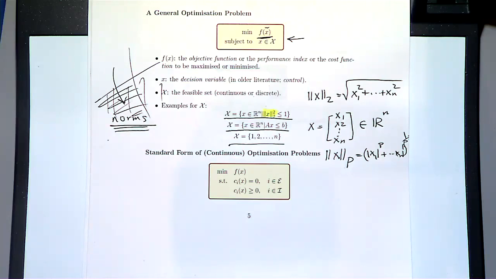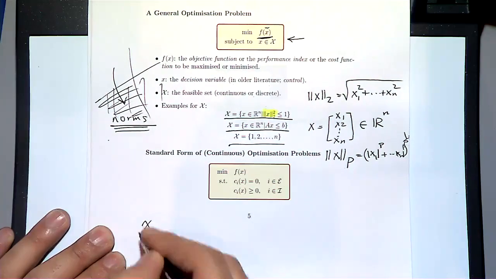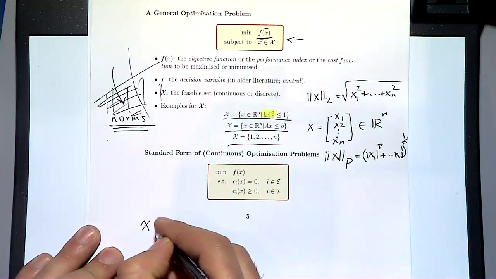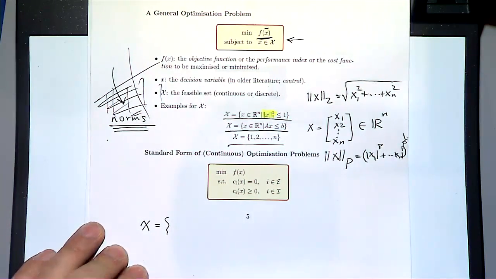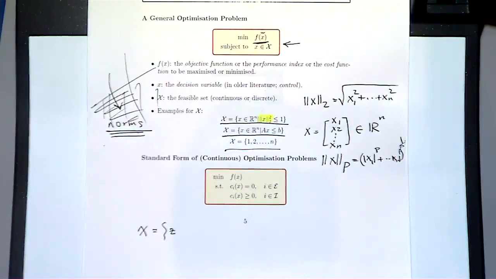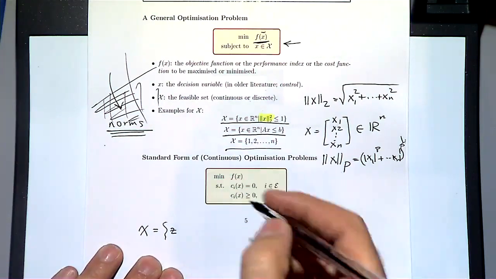I can define a set. I say, okay, let's define a set. My set is, sorry, calligraphic X. And just to annoy you, I'm going to use another variable here. I'm going to put z, because I can put whatever variable I want anywhere I want, as long as I'm consistent.